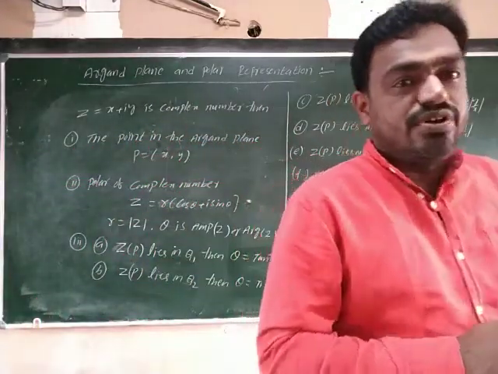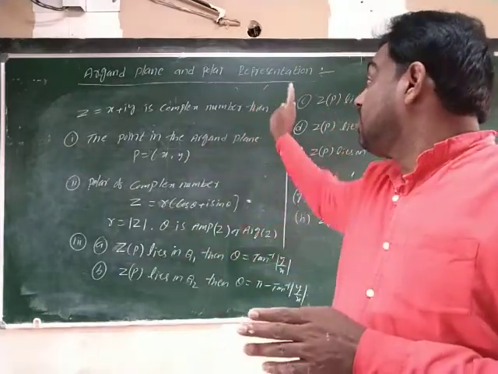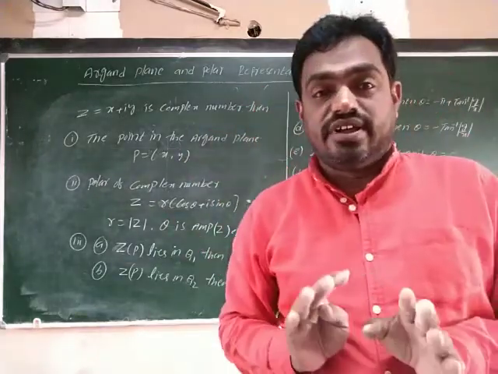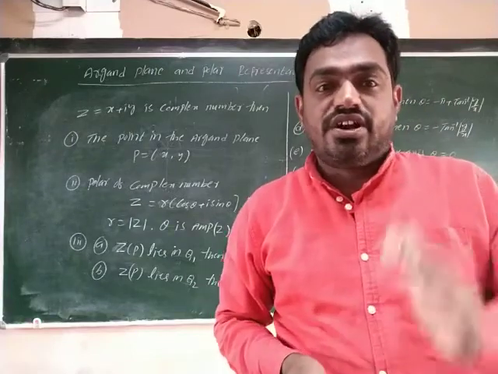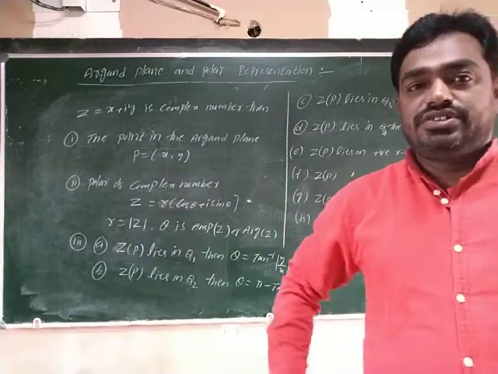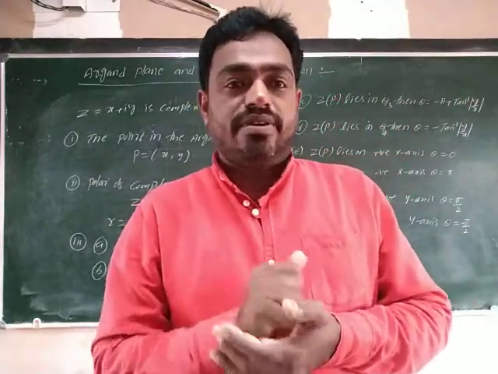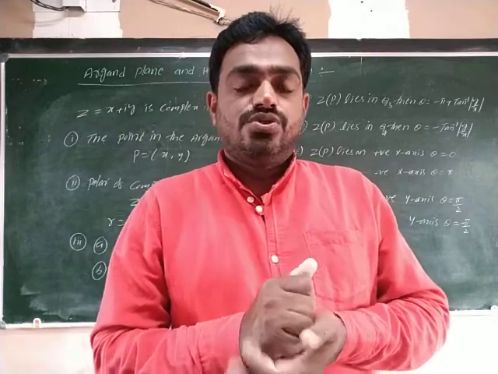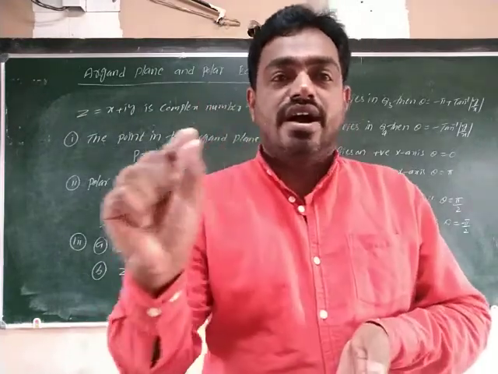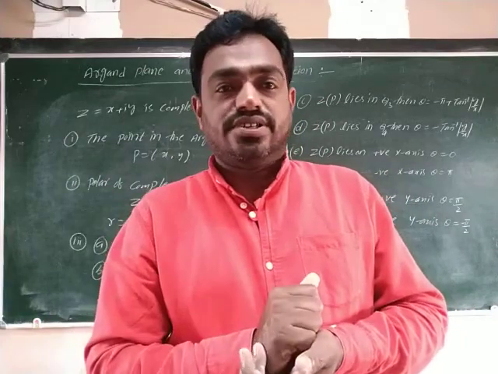What we discussed now, I explained about the Argand plane and the polar form of a complex number. In shortcut form, z = x + iy is a complex number, so the point in the Argand plane is P = (x, y).